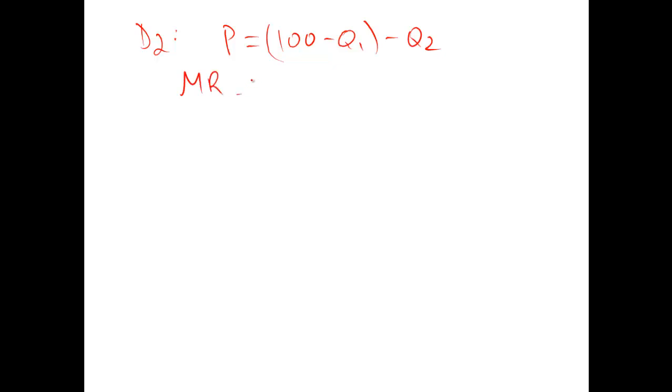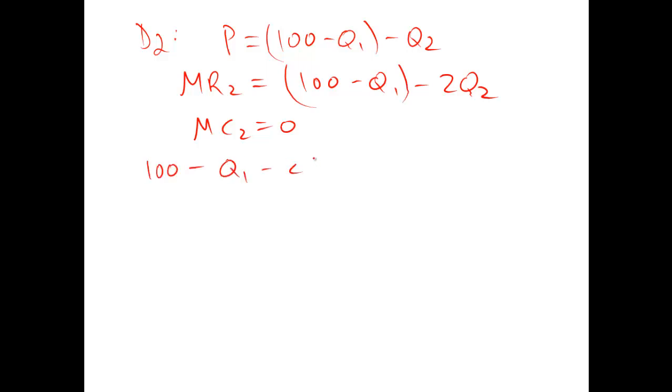Marginal revenue at firm 2 is 100 minus Q1 minus 2 times Q2. MC at firm 2 is 20. So setting MR equal to MC at firm 2 means solving the following equation: 100 minus Q1 minus 2 times Q2 equals 20.